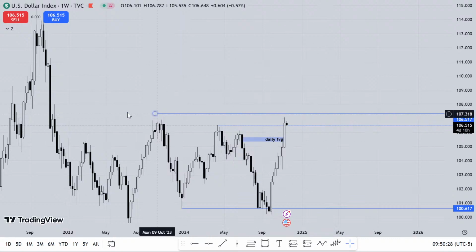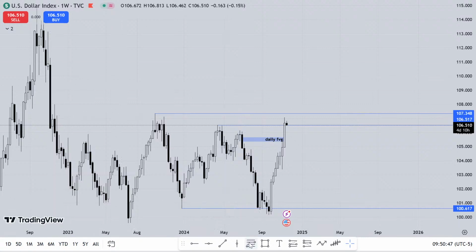So we have these highs here, which are also coupled with this imbalance here. This imbalance has been left here since the week of the 7th of October 2022. We've only traded inside of the first quadrant of it.